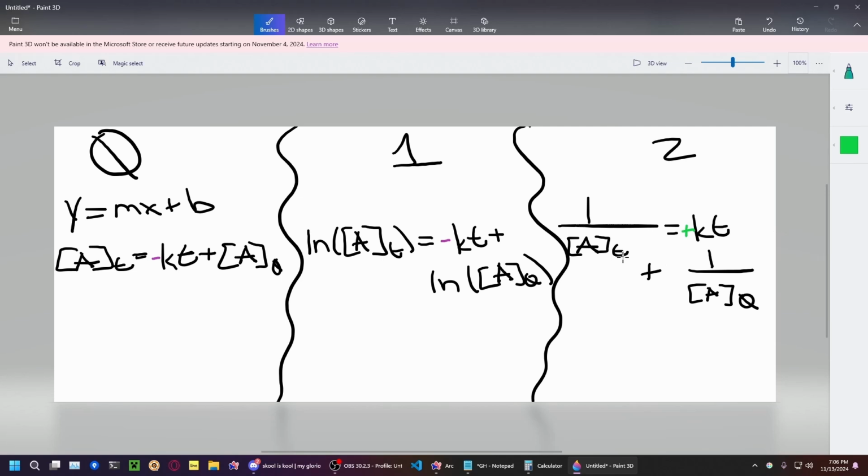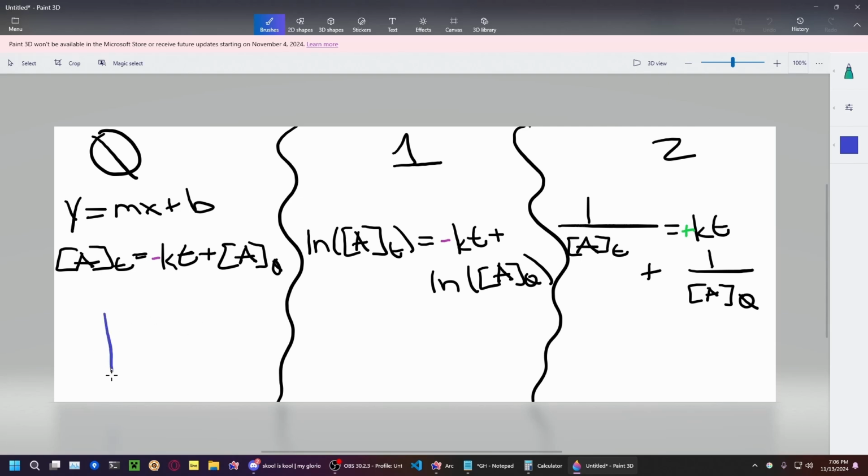These integrated rate laws basically tell you that if you're given an initial concentration and a final concentration, as well as the time that it took to get from one concentration to the next, depending on whether it's a straight line or not, it will give you which order the reactant is.